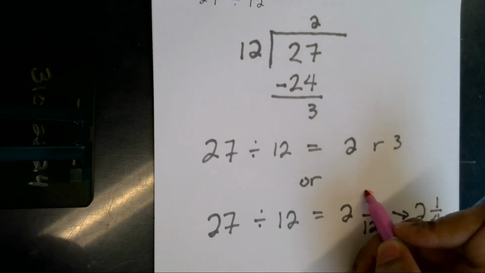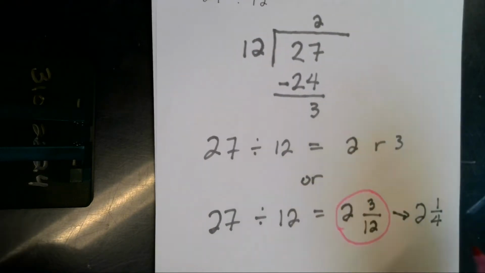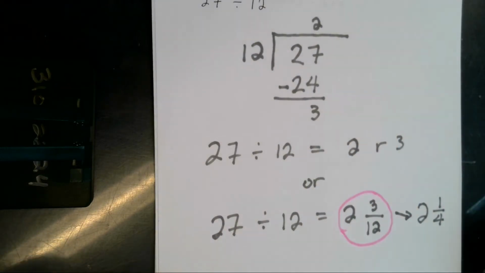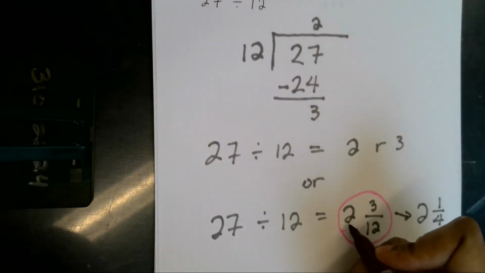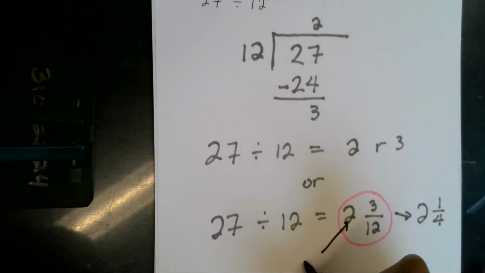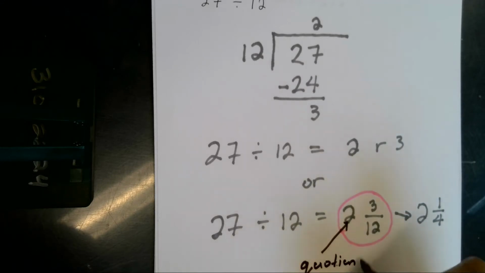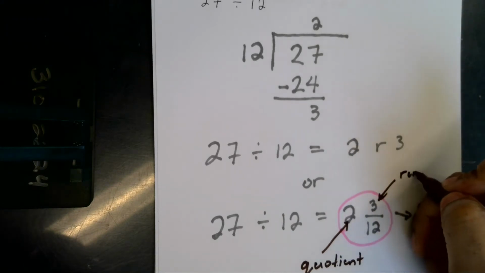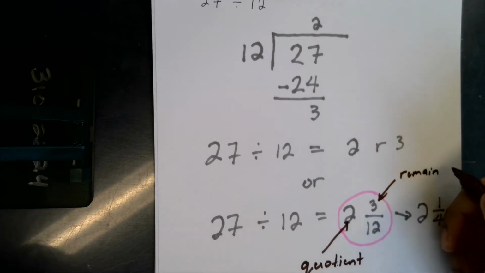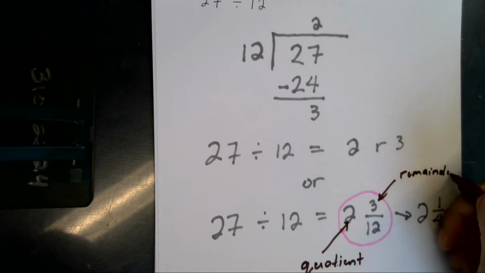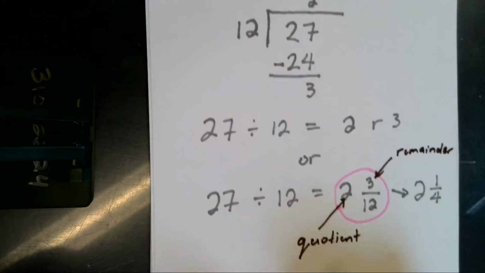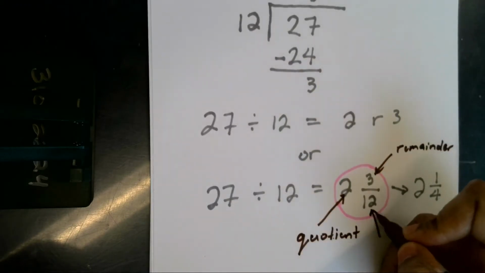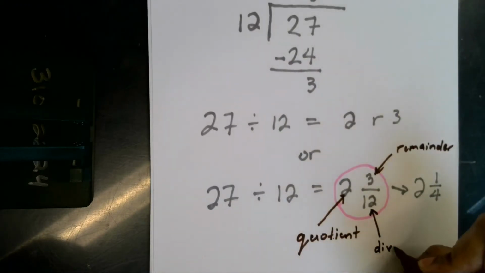Now for this portion right here, 2 is our quotient, 3 is our remainder, and 12 is our divisor.